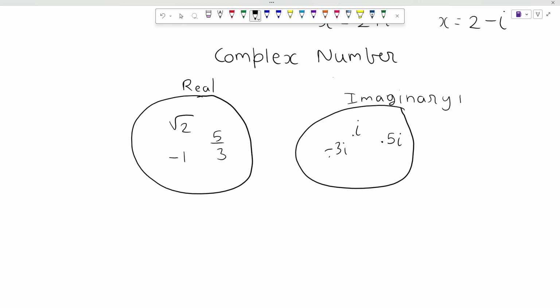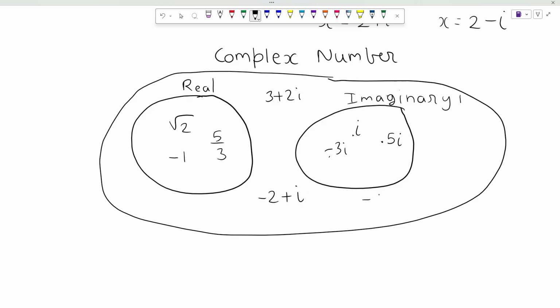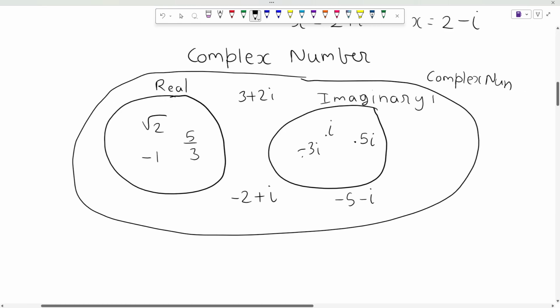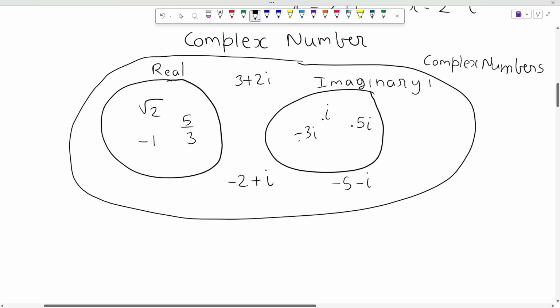So this makes real numbers a subset of complex numbers. So let us proceed.